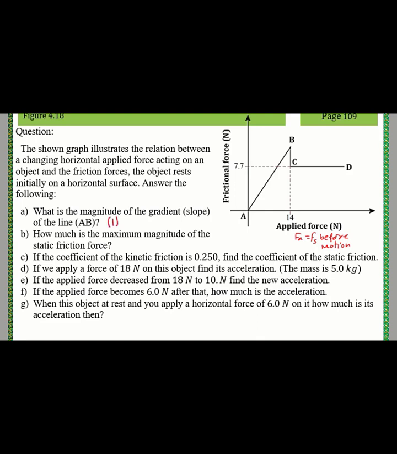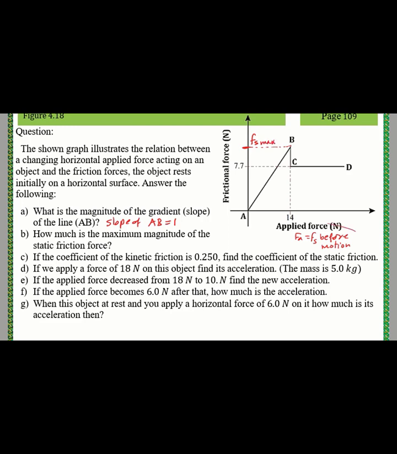Then slope equals 1. Slope of AB equals 1. How much is the maximum magnitude of the static friction force? I need the maximum static here. This number is Fs maximum.